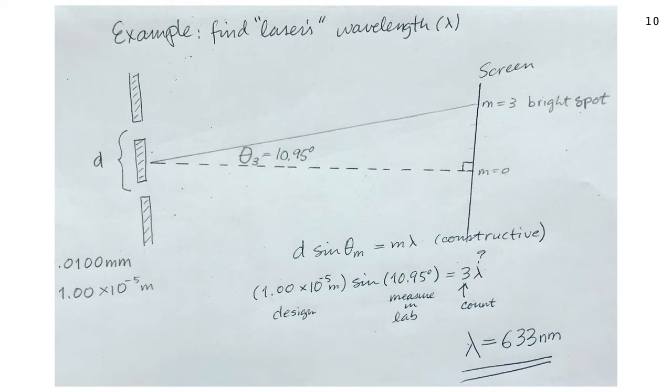Let's do another little diagram here. So here's my barrier. Here are my two gaps. And let's just draw a symmetry line out here.